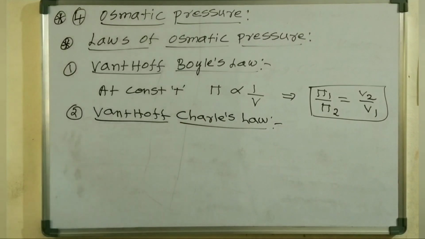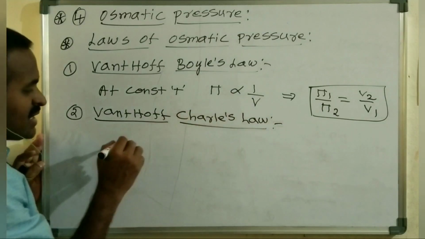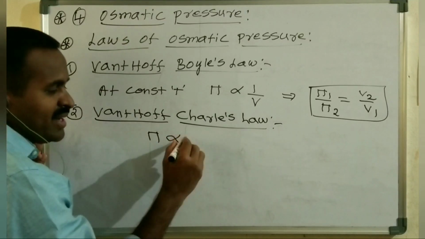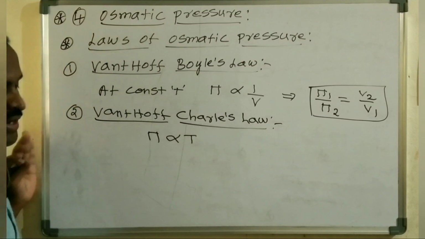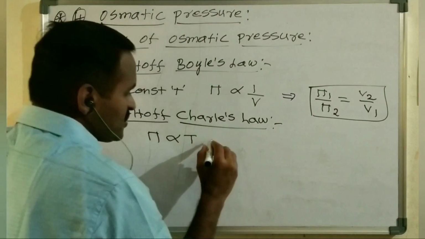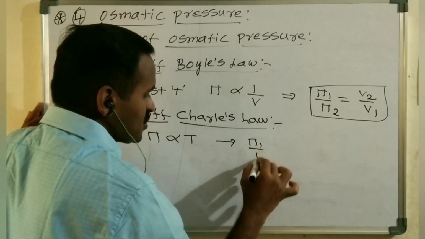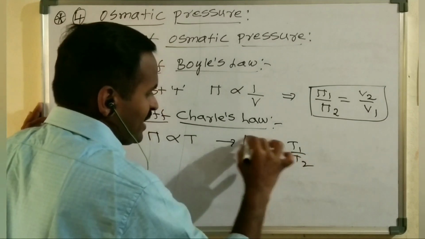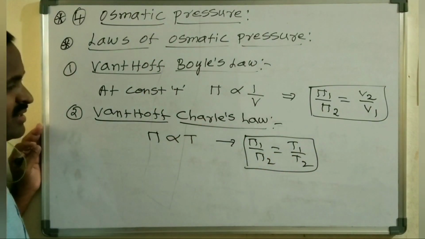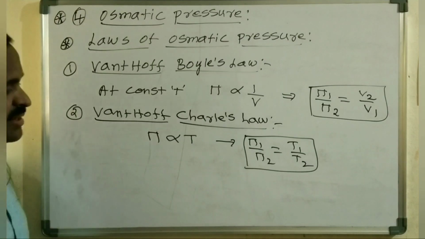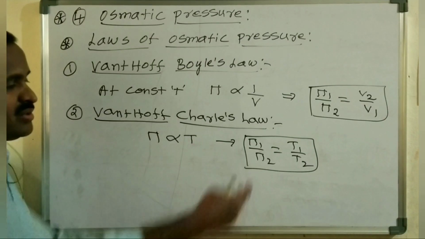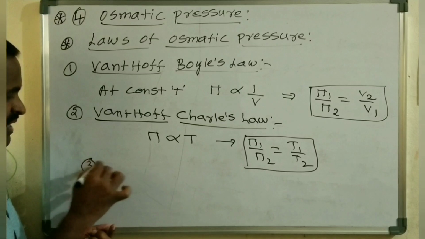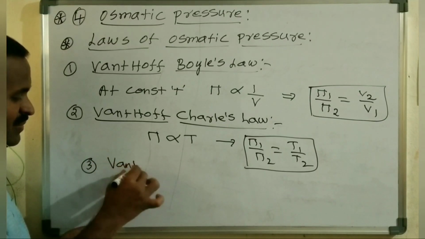But in the case of Van't Hoff's Charles law, the osmotic pressure pi is directly proportional to its temperature. From that I can write pi1 by pi2 equals T1 by T2.